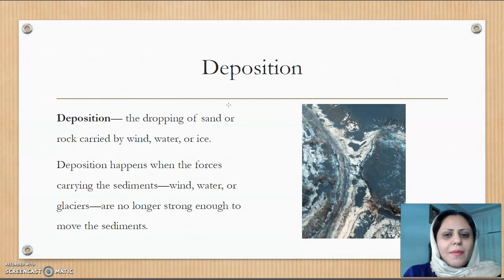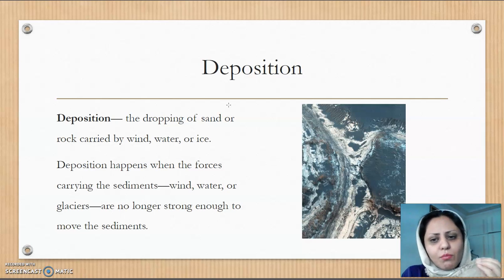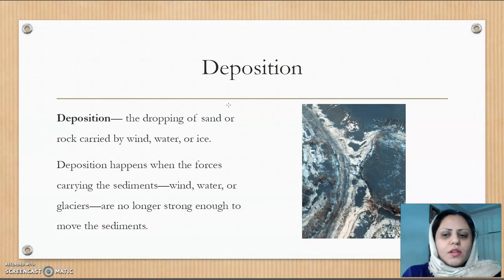For example, imagine that we have these little sediments and the river is wearing them away, moving them from one place to another place, but somewhere the water in the river is not powerful or strong enough to move it more, and that is where it drops it. So it is going to be left there.